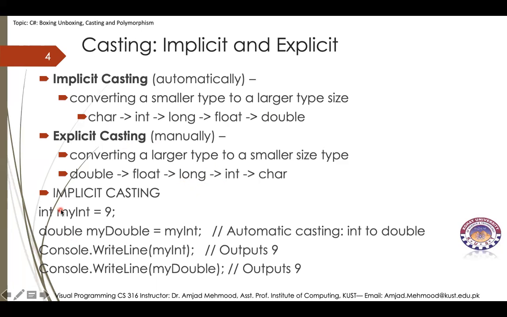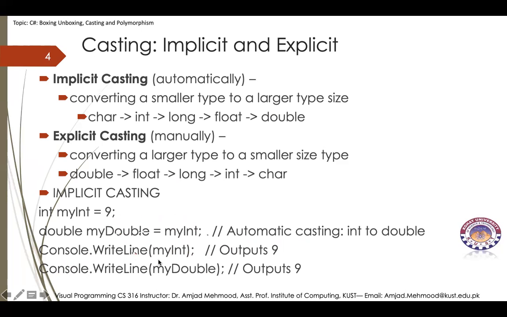So here I'll explain that with the help of an example. You can see here that this is my double variable, and this is my integer type. As you know, the integer is of 4 byte and double is of 8 byte. So 4 bytes can easily be contained in 8 bytes, so there is no loss of value. That's why it is called automatic casting. For example, if you want to print this, you can do that and you will get the same value.